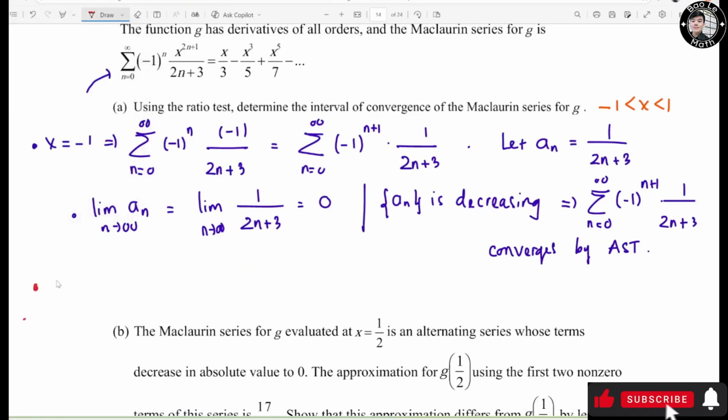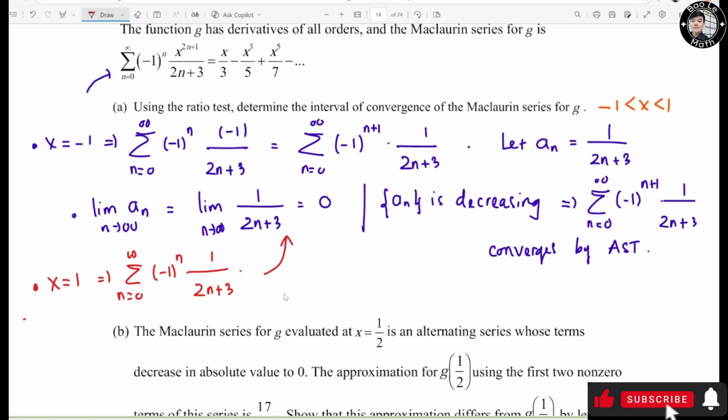Now for s equals 1, we do exactly the same thing. The series becomes negative 1 raised to the n times 1 over 2n plus 3, and you're going to do exactly the same thing as you did above. I'm going to leave this one for you to practice.